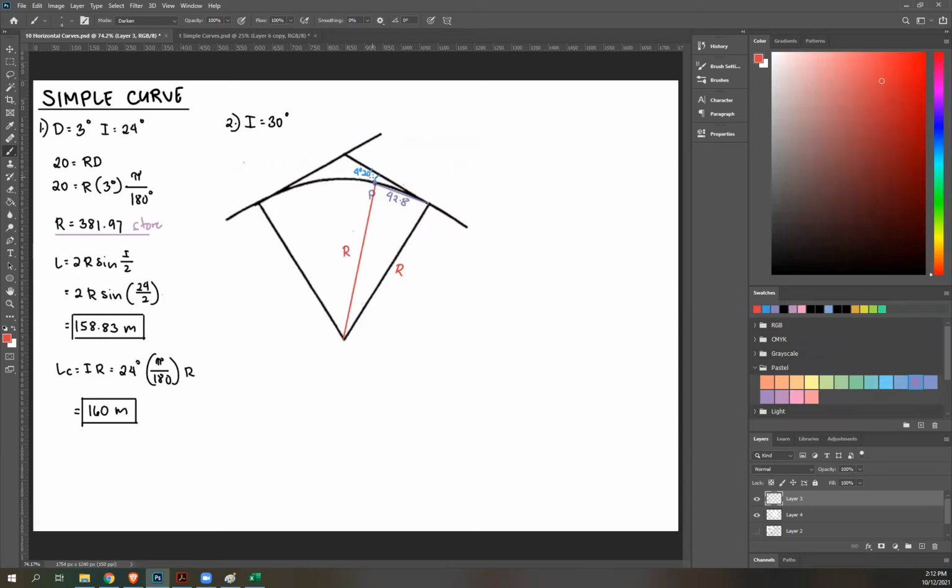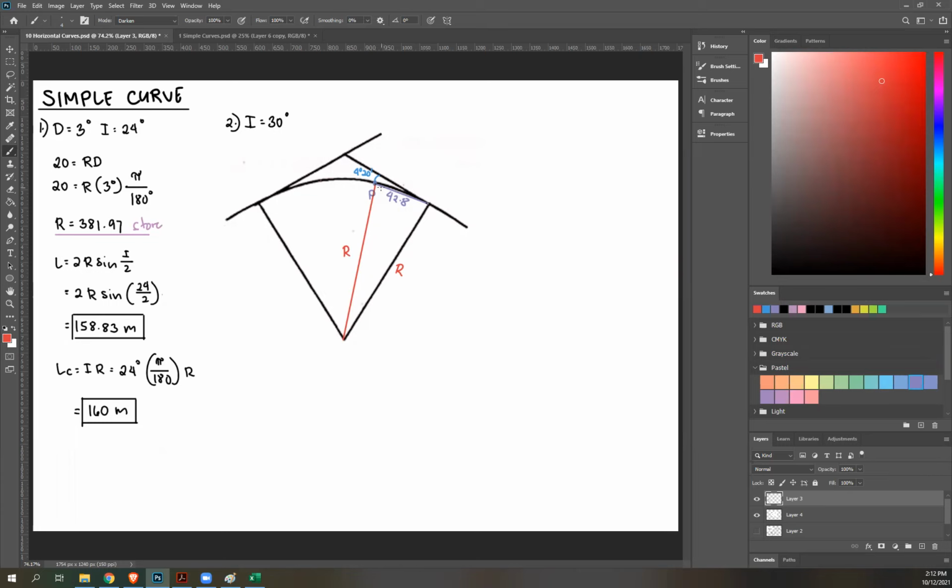Okay? If I draw a straight line from P to the center O, that's also R. One way to get that is to remember one thing about chords on a circle.